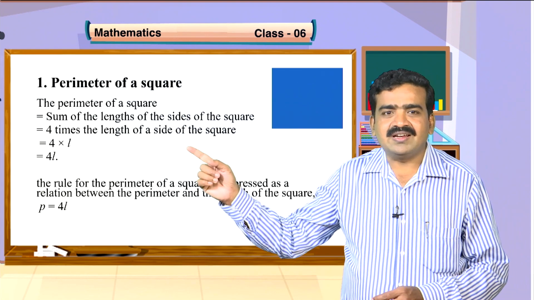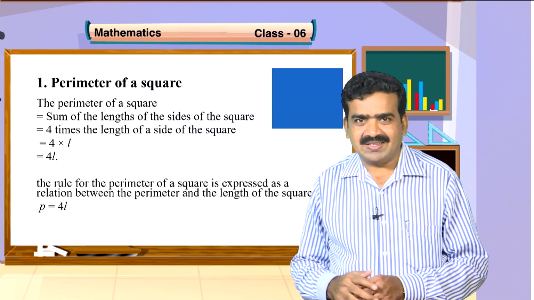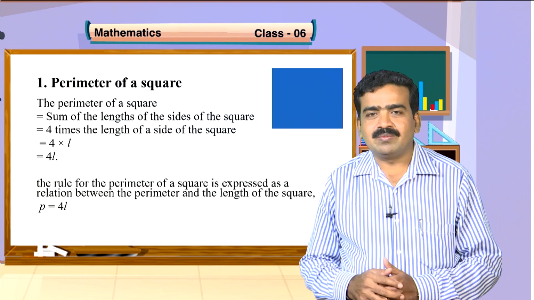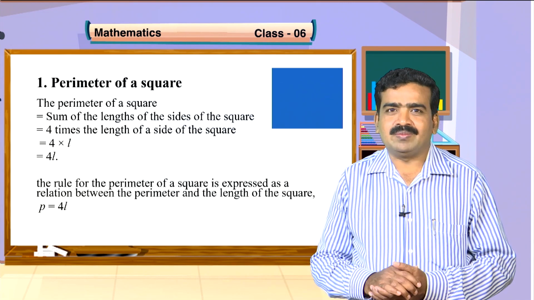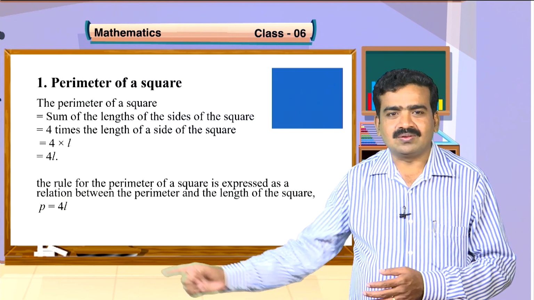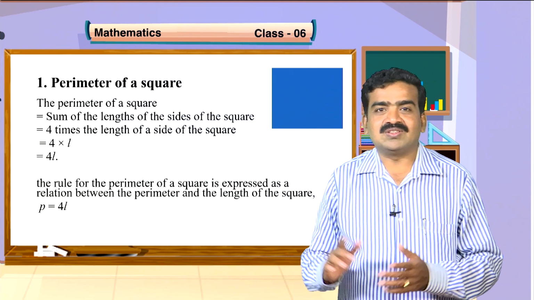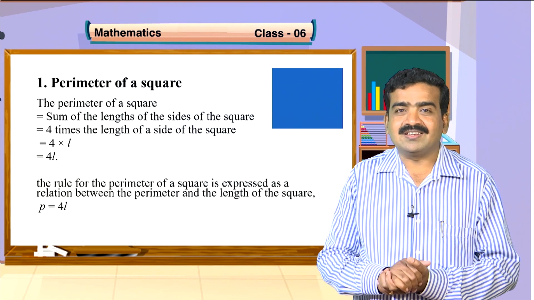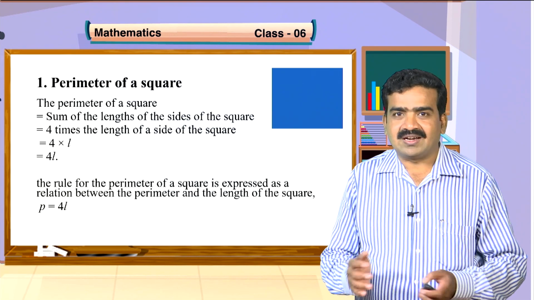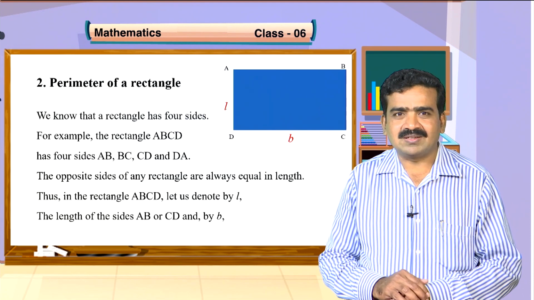If each side measures L units, then 4 into L becomes 4L. If we consider the perimeter as P, then perimeter P is equal to 4L. So this gives us the rule to find the perimeter of a square. Is it understood? Let us go on to the next concept.